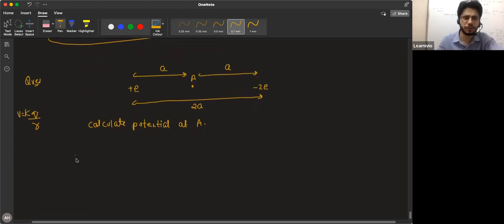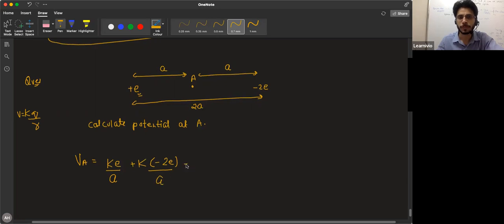See, this is straightforward. Potential at A is potential due to this charge, which is KE by A. Then potential due to this charge, which is K times minus 2E by A. So it will be minus of KE by A, right?